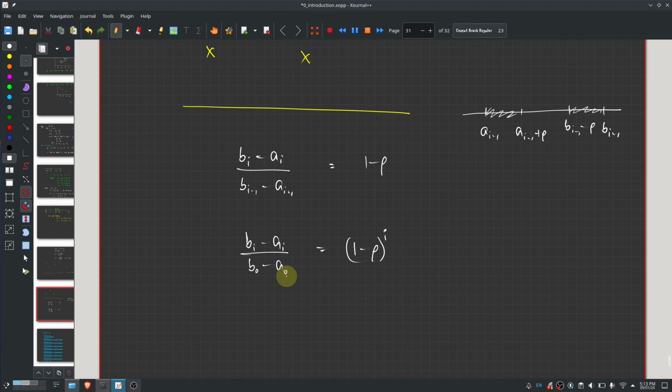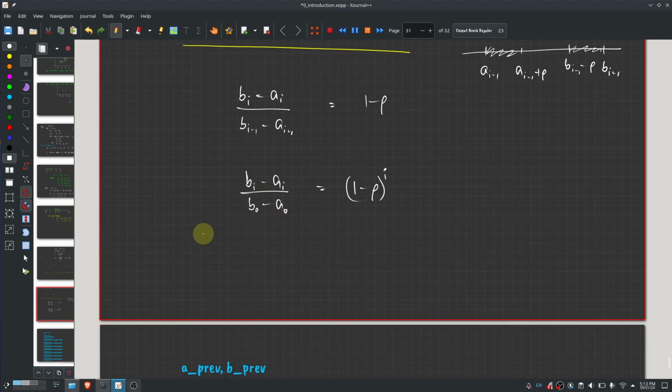So if I need to find the minimum to some desired accuracy, I can easily compute how many iterations are required, right? To compute x star to some accuracy, let's say epsilon, how many iterations do I need?